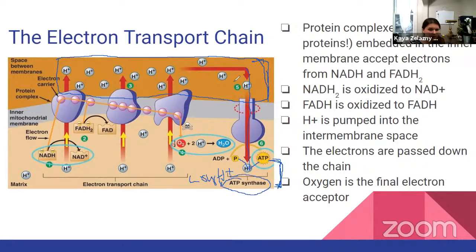And ATP synthase, as these hydrogen ions flow through, does this kind of spinning action. And as it does this spinning action, it tacks an extra phosphate group onto ADP, creating ATP.